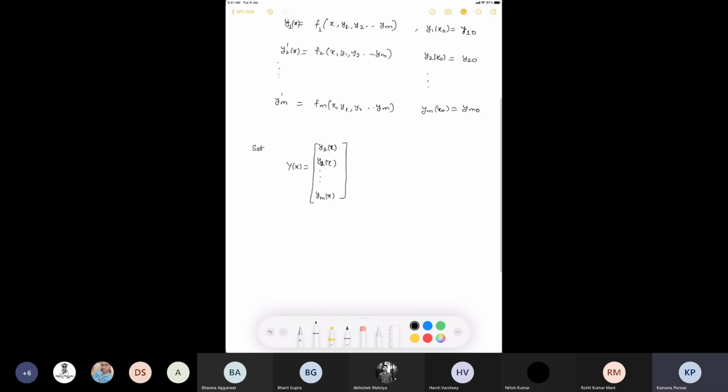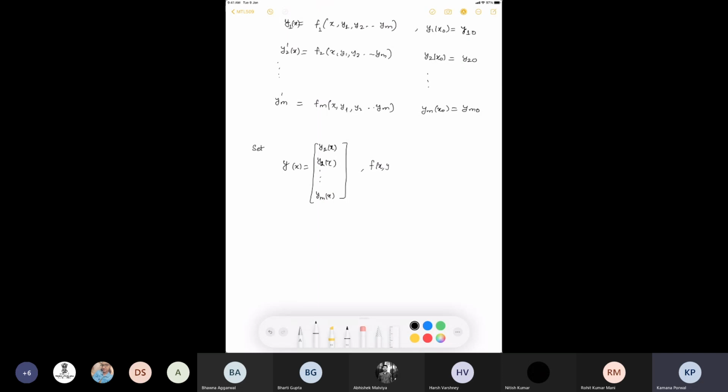Right? And if I define the function f, let me use small y still, which is going to depend on x and all these components y1, y2 up to ym, right?